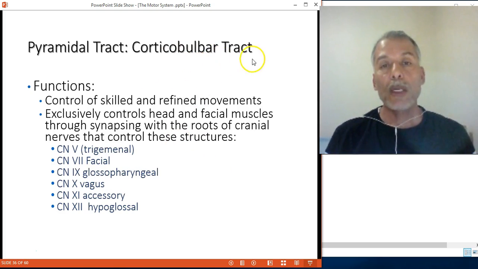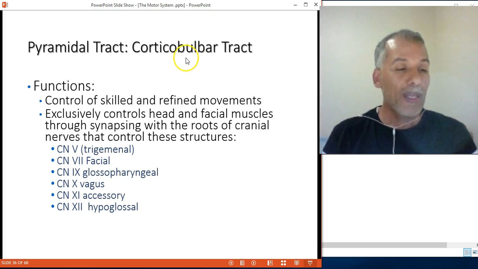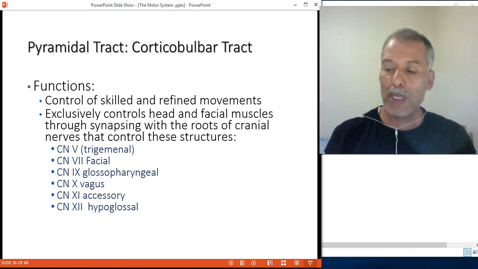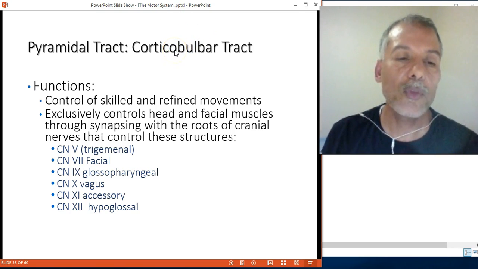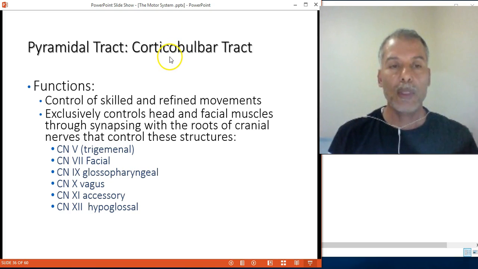The name corticobulbar has changed recently. It's still being used, but some new researchers suggest that it really shouldn't be called that, and it will take many years for the change to be recognized.